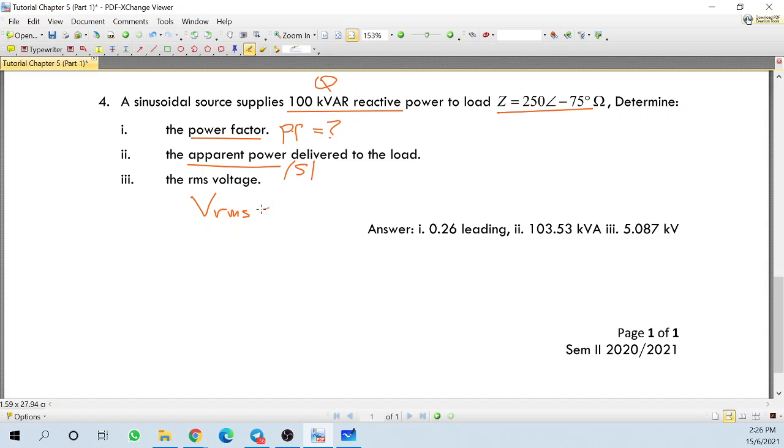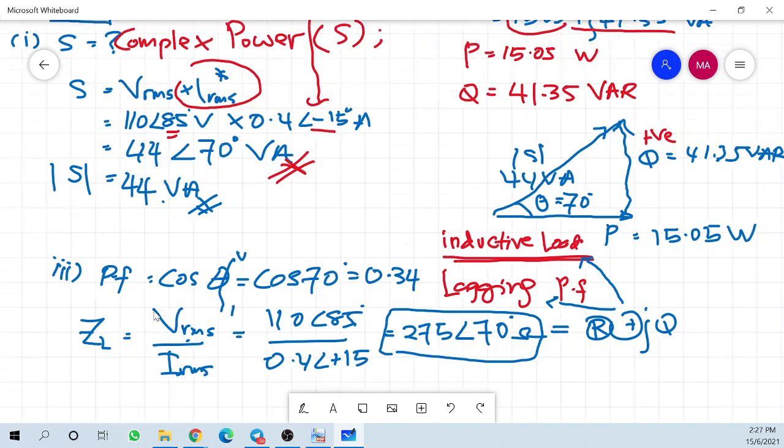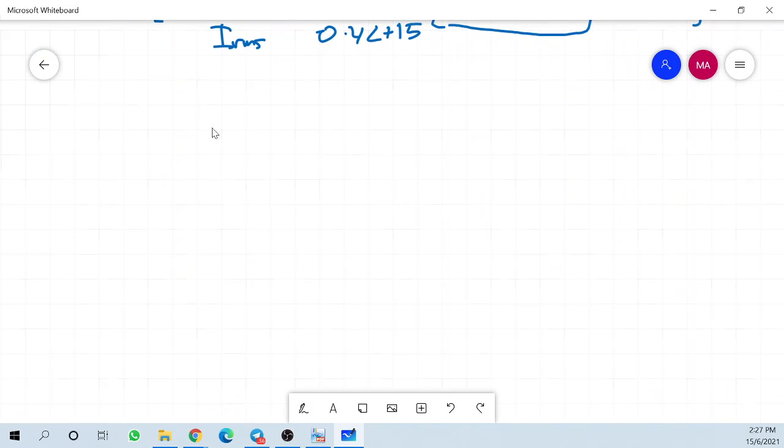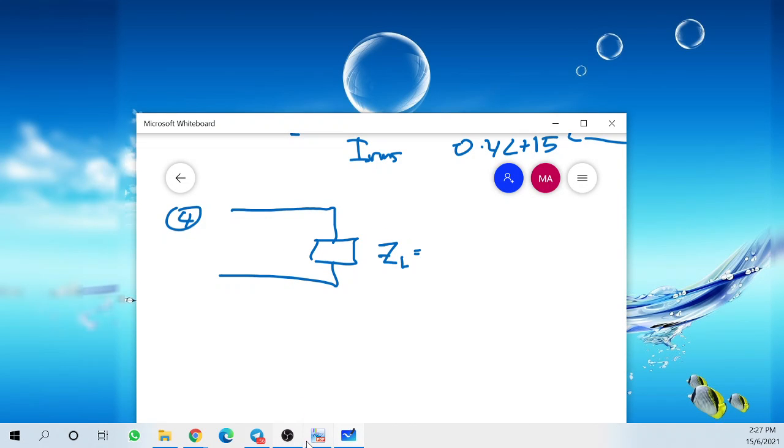So you need to draw the equivalent circuit based on the given information. ZL, and then you have ZL, the value of ZL.